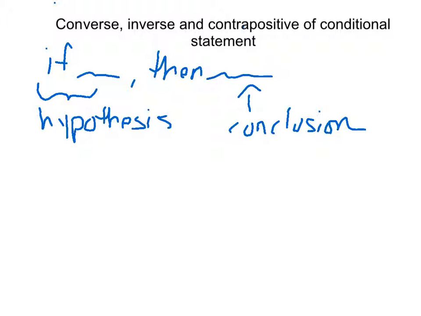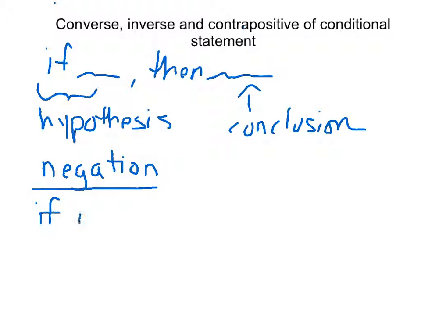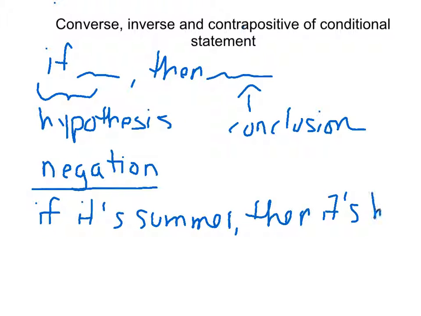All right, so what we're going to do is talk about some of the different ways to manipulate this around. And I want to say that covered in this is also the negation of this statement. You would change it around and make it the opposite. So if it's summer, then it's hot. Let's say that that's our conditional statement.